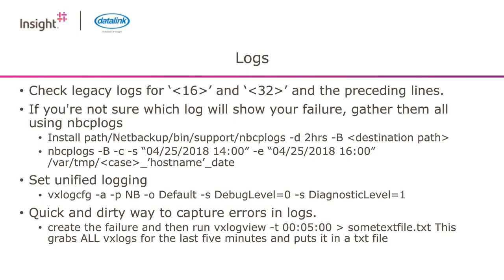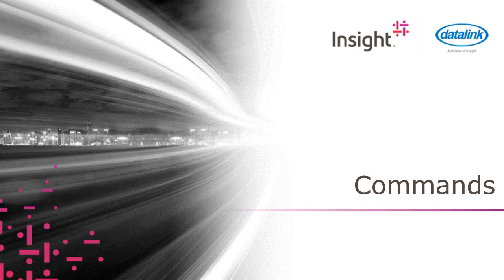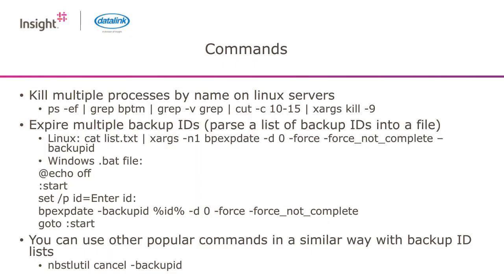Okay, so we'll move on to some of the NetBackup commands that can be handy. Kill multiple processes by name on Linux servers. This can be handy if you're running into a situation where maybe you're out of space in the root volume and commands are not really responding to what you want, such as netbackup stop or bp.killall.